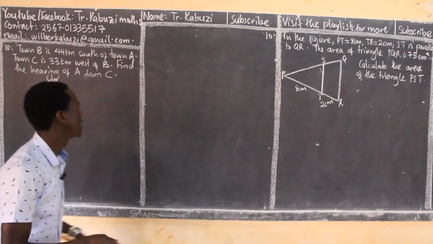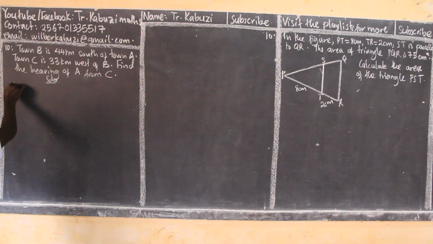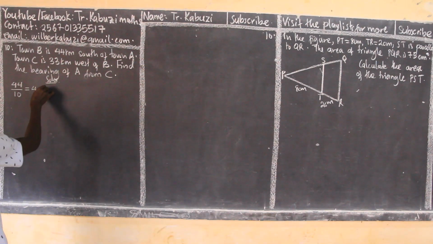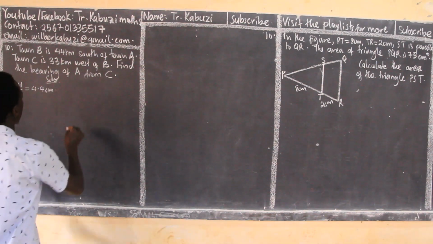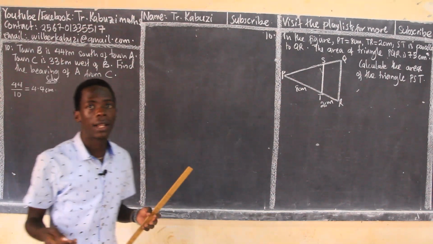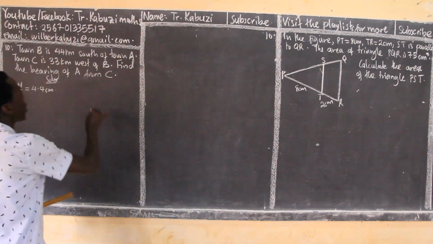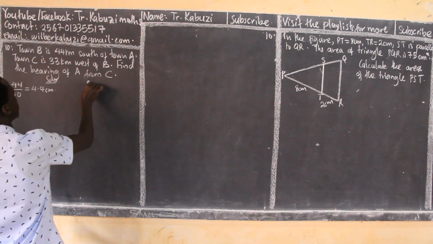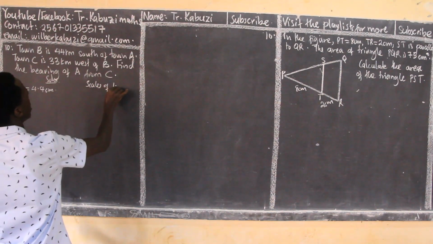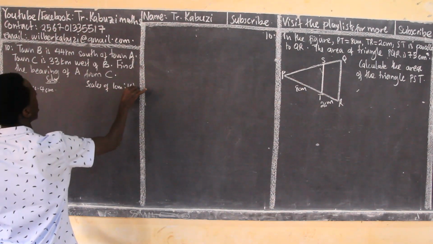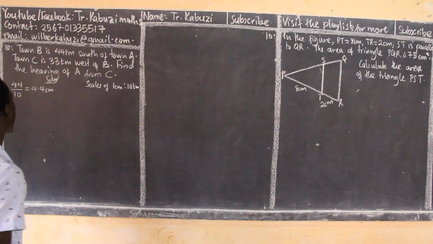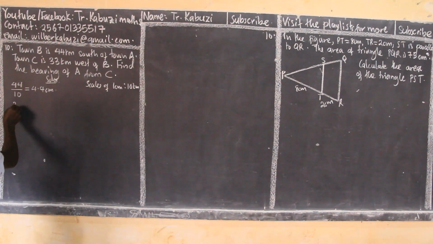It was easier to use 10. So to convert these to centimeters, I'll be having 4.4 centimeters using the scale of 1 centimeter representing 10 kilometers. So those will be the centimeters there. Then here I'll be having 3.3 centimeters.